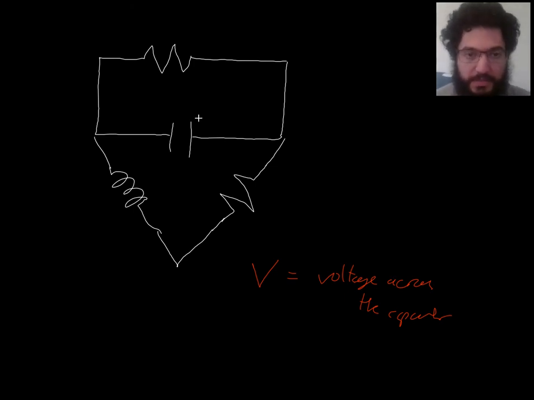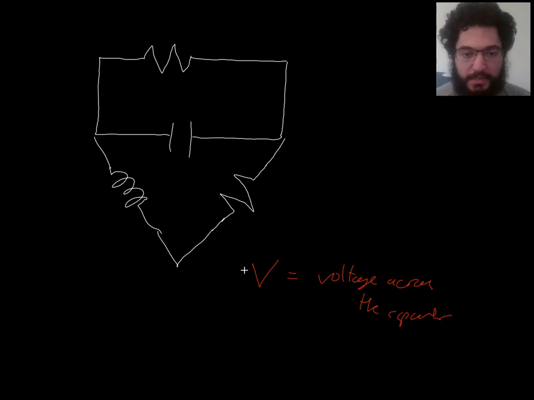I could choose whatever I want, right? I could choose V to be measured in one direction or the other, and then I just have to be consistent throughout everything else that I do when I apply Kirchhoff's voltage law and Kirchhoff's current law.